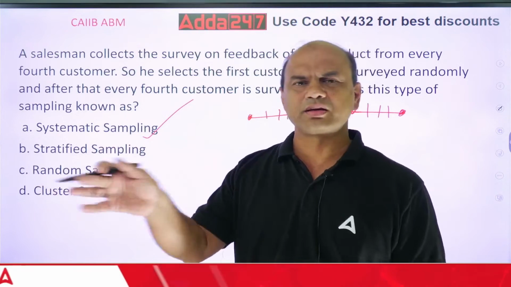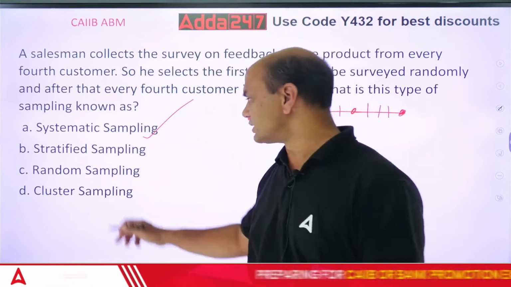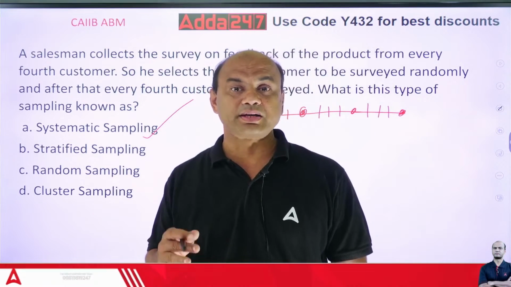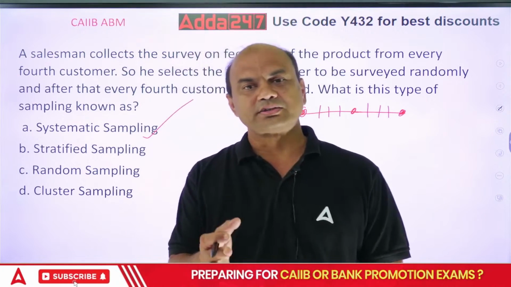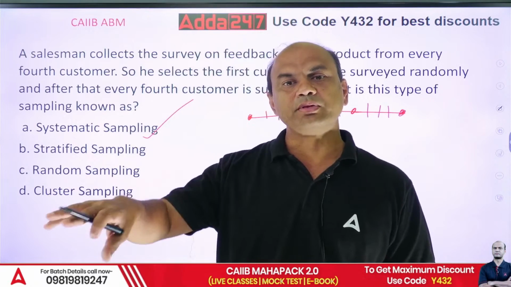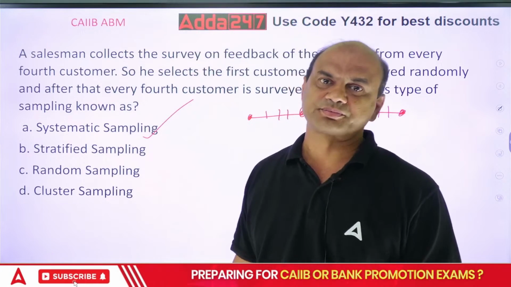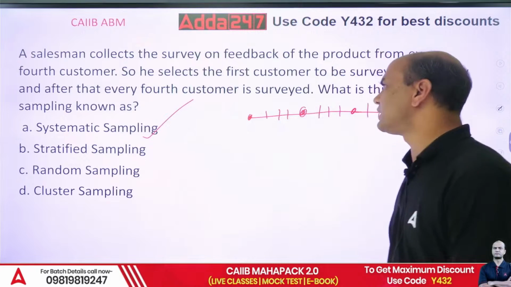That is simple random. Cluster means what? Generally, cluster is followed for regional differences or regional bifurcation. Students from Goa stand on this side. Students from Maharashtra stand this side. Students from Tamil Nadu stand here. Kashmir stand here. So regional. Okay. So got this point? The answer over here is systematic sampling.